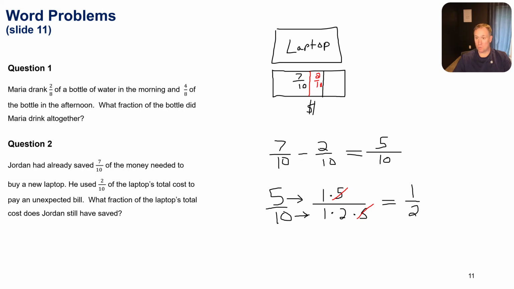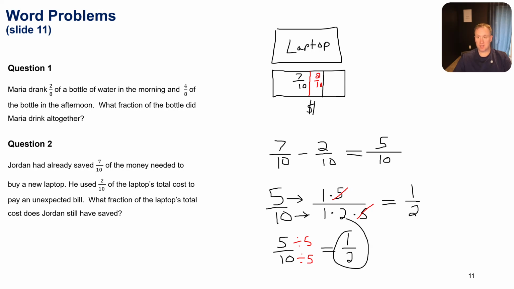So again, I get 1/2. The other way to structure it again is if you didn't want to expand this out, you could simply show it with a division symbol where we are dividing both the top and the bottom number by that common factor of 5 here. So we end up getting 5 divided by 5 is 1, 10 divided by 5 is 2. So 1/2 in both instances.